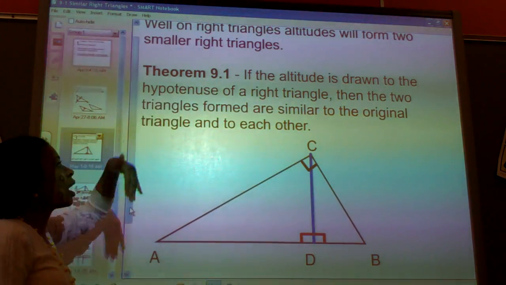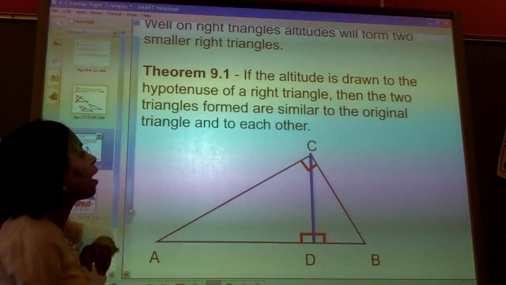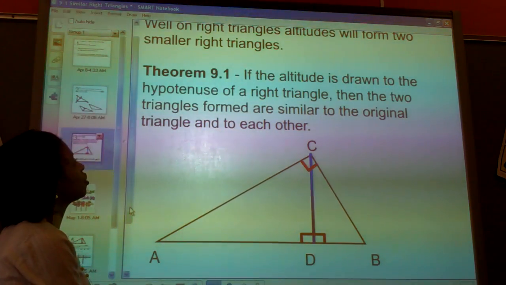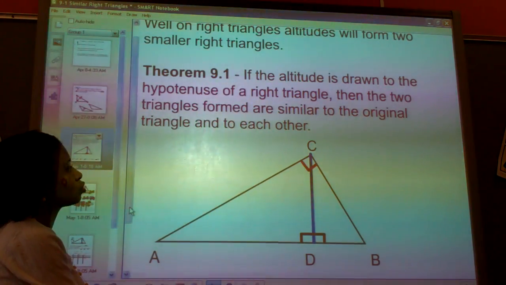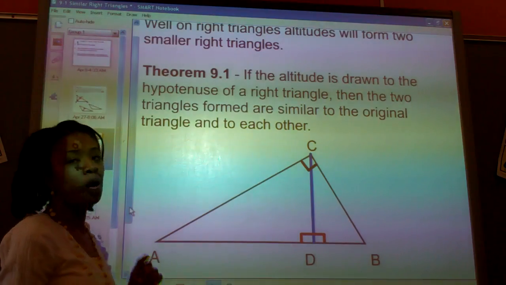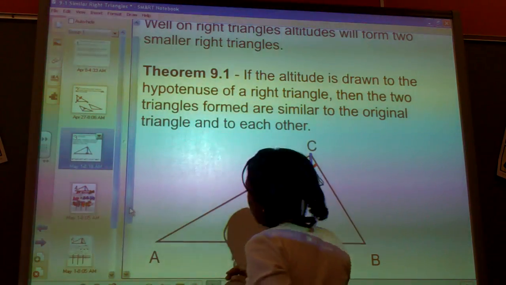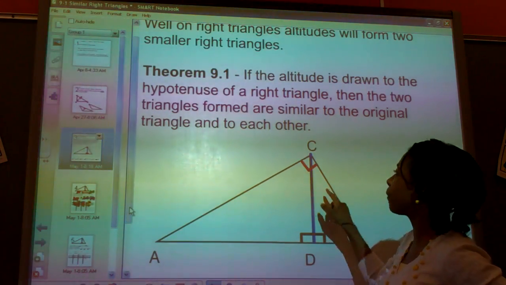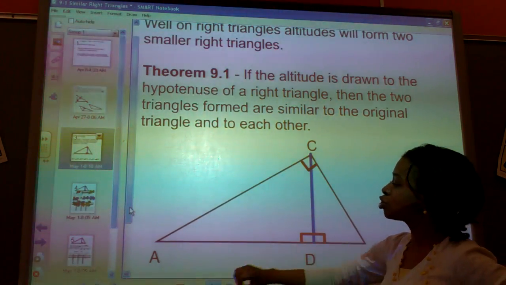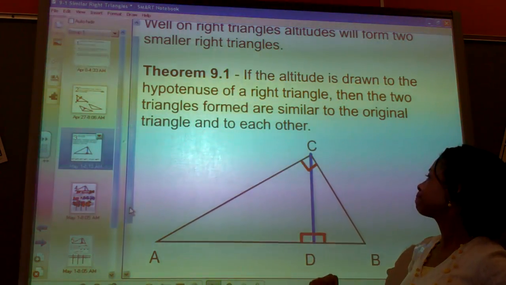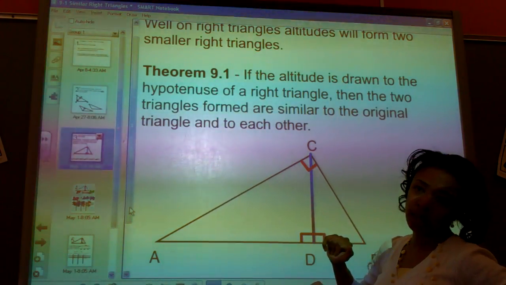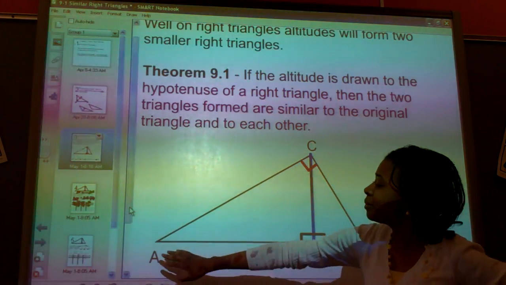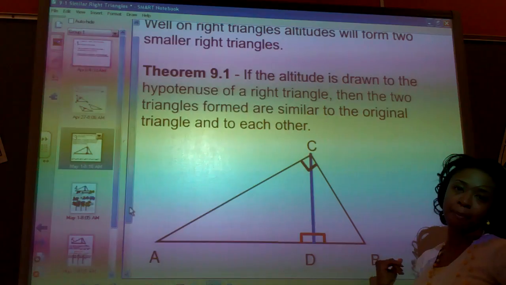Theorem 9.1 says if the altitude is drawn from the hypotenuse of a right triangle, then the two triangles formed are similar to the original triangle and each other. But the key here is the hypotenuse, which is always the side opposite the right angle. So in the original triangle ABC, angle C is the 90-degree angle, therefore AB is the hypotenuse.